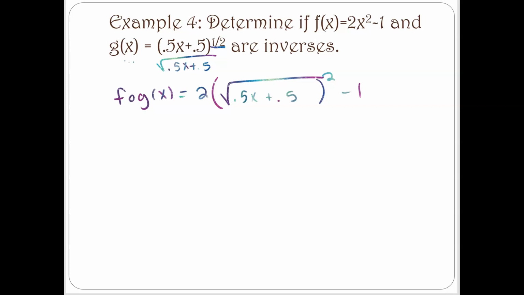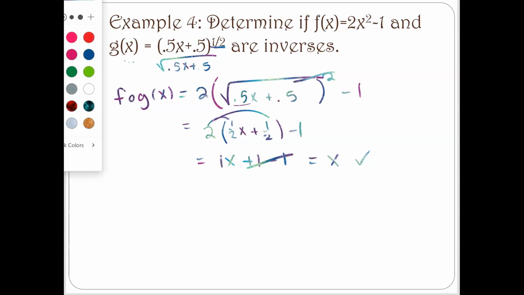So the square root and the square actually cancel each other. So that leaves 2. Remember, 0.5 is the same as 1/2. So 2 times 1/2 is 1. So you get 1x plus 1 minus 1. So positive and negative 1. So we get x. So we are happy because f of g equals x.